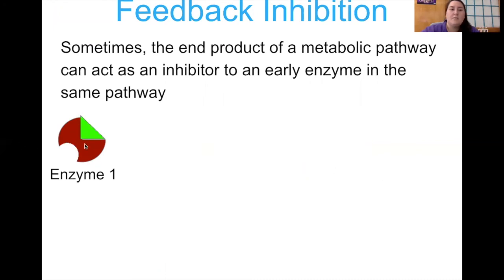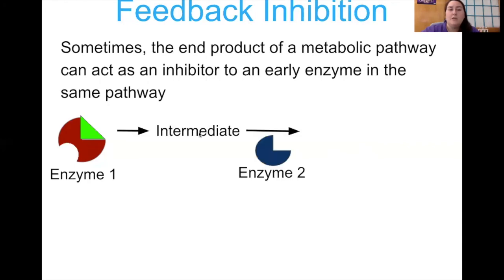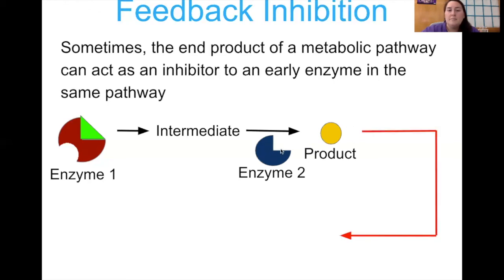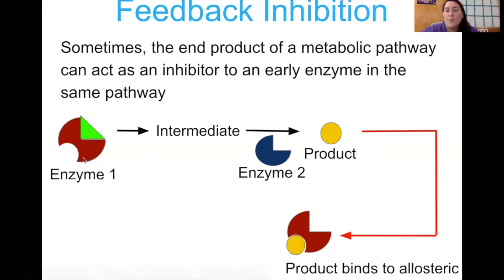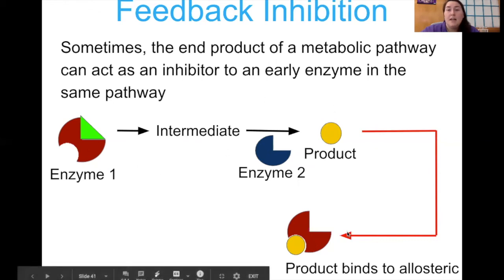And so we start off with a substrate binding to our enzyme. Okay, an intermediate molecule is going to be made and moved to another enzyme. It's going to pop off and produce a product, which then is the correct shape to bind to that allosteric site on enzyme 1, inhibiting this metabolic pathway.